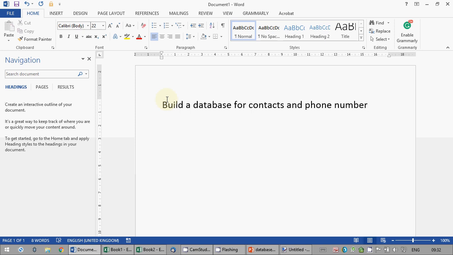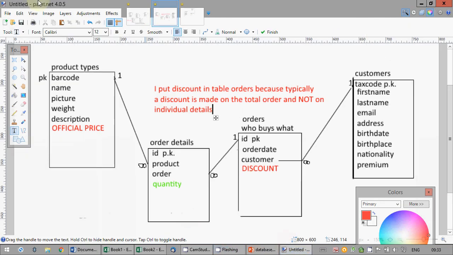It was our second database, a database for contacts and phone numbers, which handles people as well as companies. So not only people, also companies.